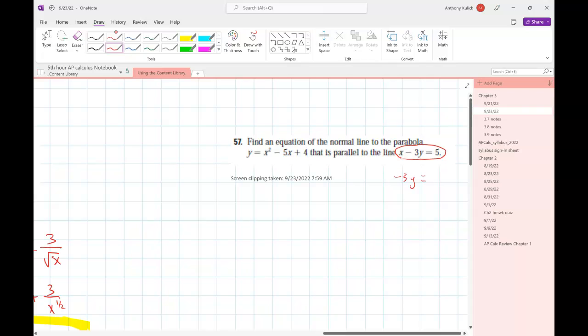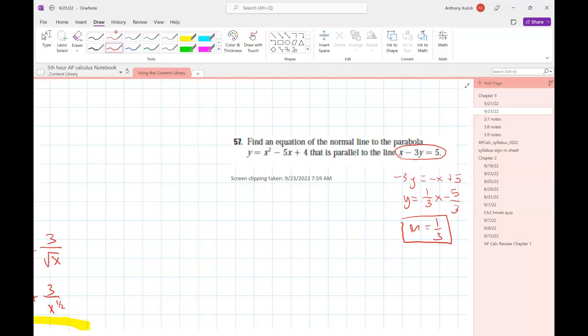So to do that, I'm just going to rewrite it in slope-intercept form. So I can see that that line has slope of 1/3.